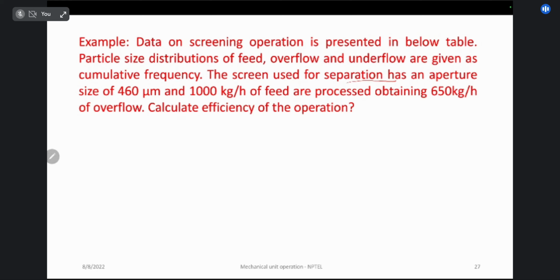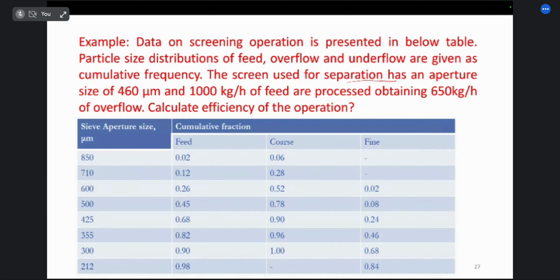So the feed and overflow are given, and we need to find the efficiency. Now, this is the table. The cumulative fraction is already given: what is in the feed, what is in the coarse, and what is in the pass. For finding the efficiency, as you can see, feed, coarse and fine, every material has every kind of fraction in it, in the feed, overflow and underflow.